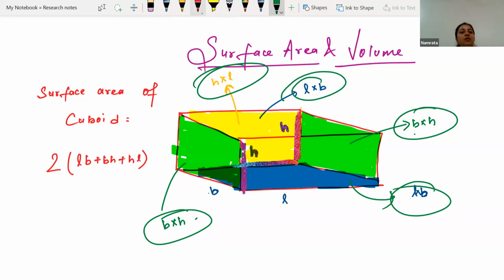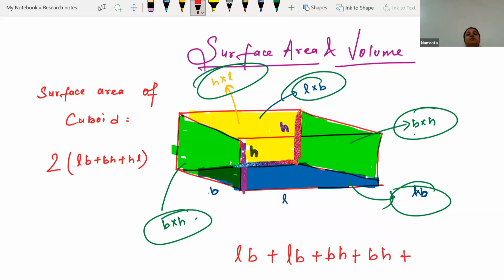Once we add all of them: length into breadth for the bottom one, length into breadth for the top one. Then the green rectangle's area is breadth into height. The other green rectangle on the right hand side has the same area, breadth into height.